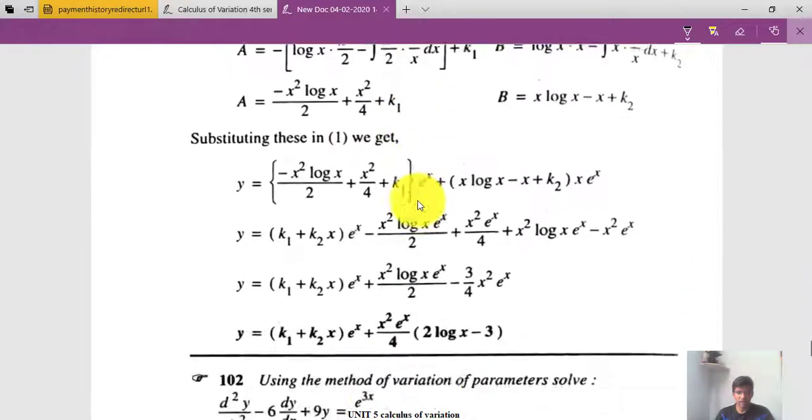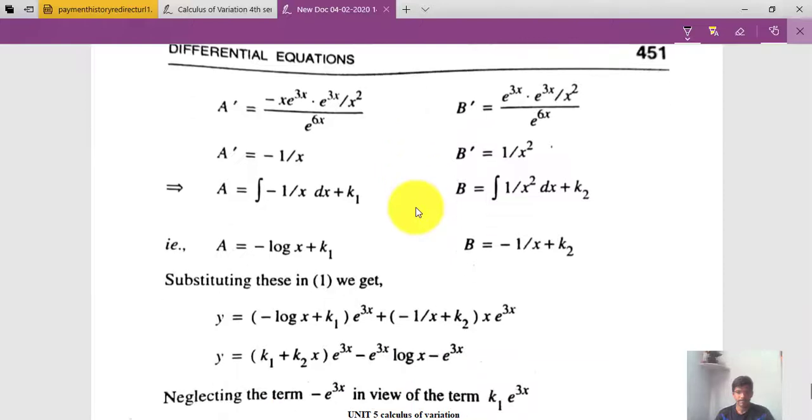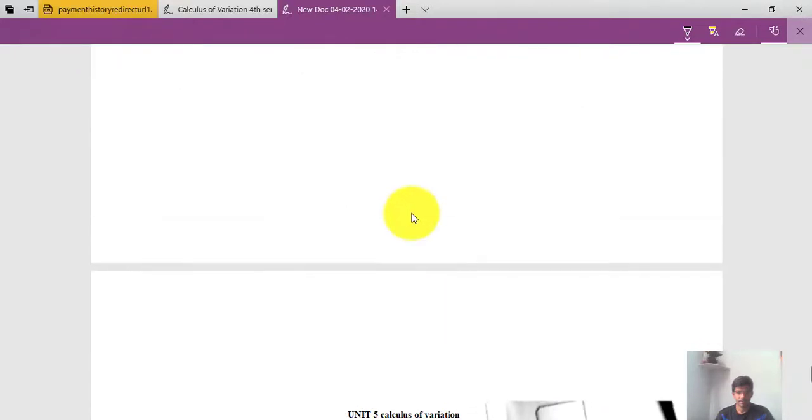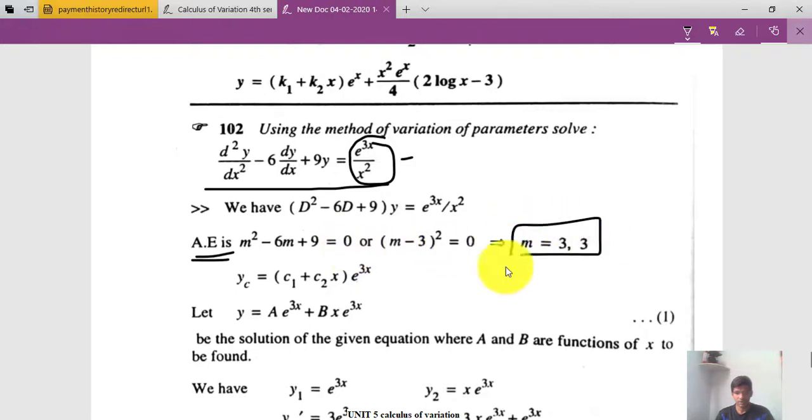Now let me give you an example in quick succession. This is the problem, and this is your phi of x. I will write the given differential equation in this form. The auxiliary equation is equated to 0. You get two roots, and they are repeated roots.